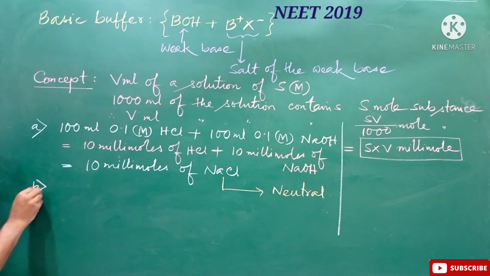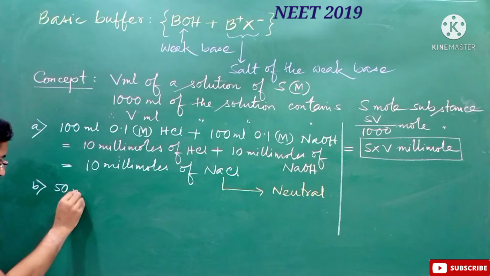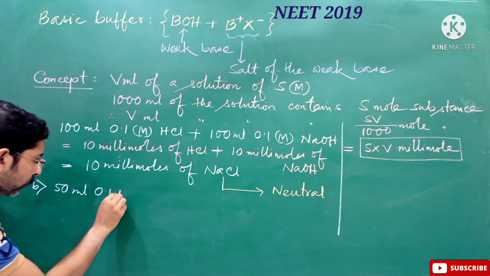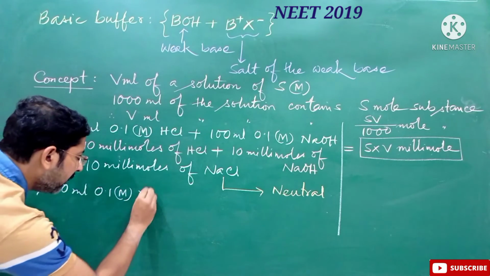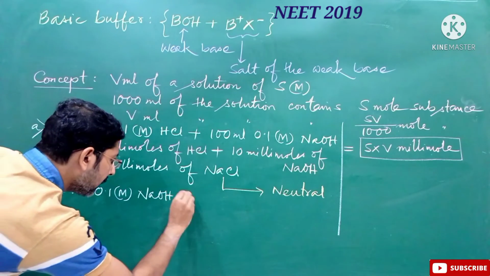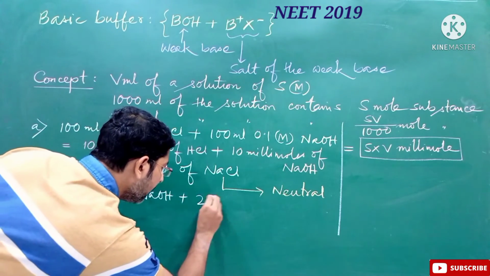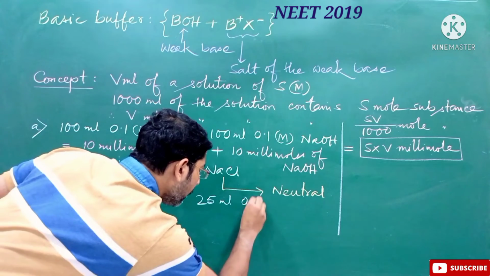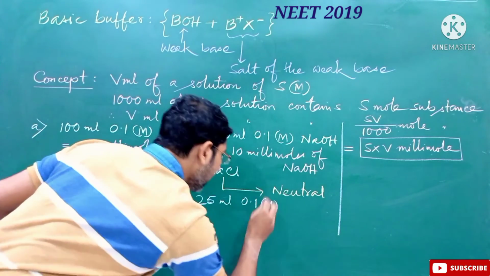Option B is 50 mL 0.1 molar sodium hydroxide plus 25 mL 0.1 molar acetic acid.